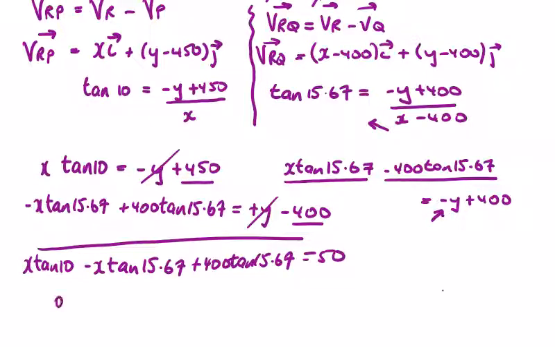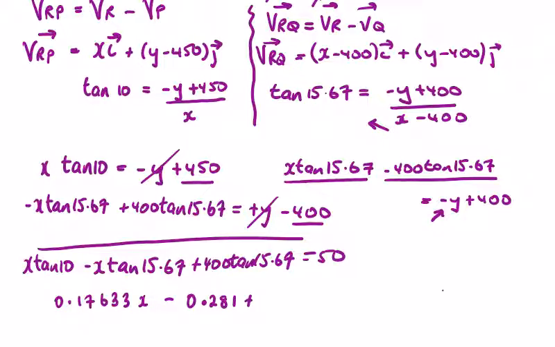I'll go to 5 decimal places. 0.17636 minus 0.28052, I'll just go with the 281, plus 112.21.